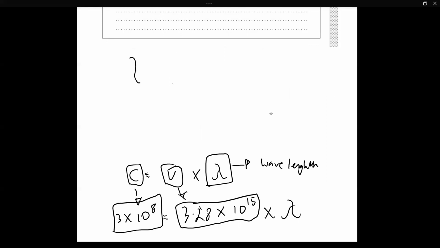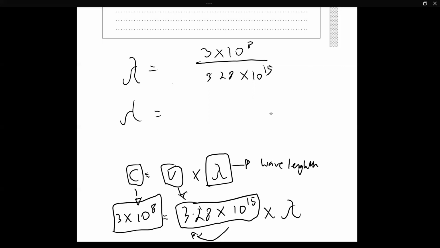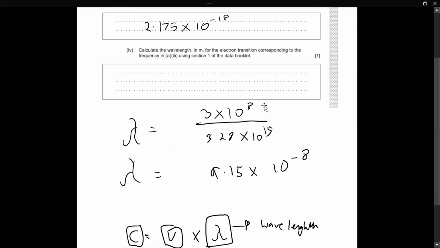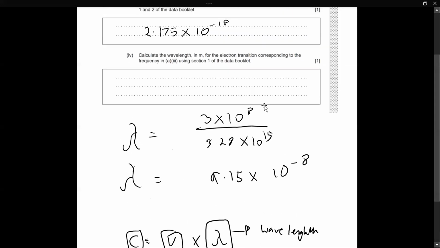So wavelength is equal to the speed of light, 3 times 10 to the power of 8, divided by 3.28 times 10 to the power of 15. We've just taken this to the other side. This should give you the answer 9.15 times 10 to the power of negative 8. So this is our wavelength, and this is the answer to the next part of the question as well.